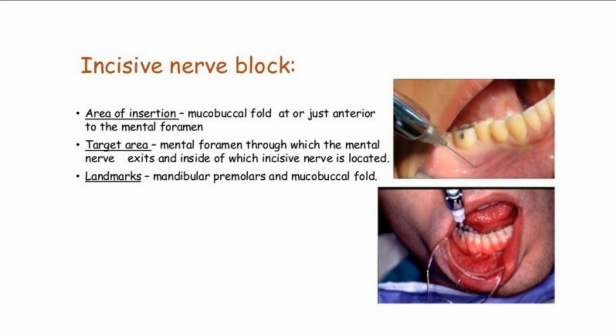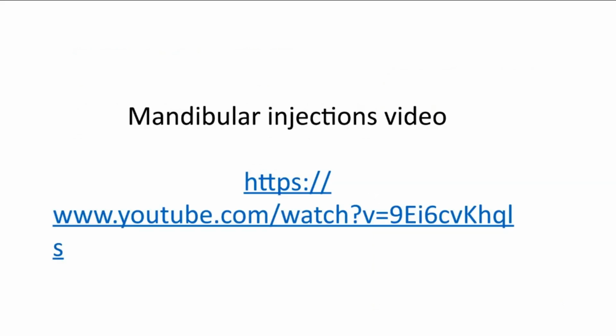But you're going to push on it so that the anesthesia is going to get into the mental foramen and go to the mandibular canal, and you get the incisive nerve. Landmark here is the premolars. If you don't feel much of the mental foramen, you can get it across the premolar, first or second premolar.